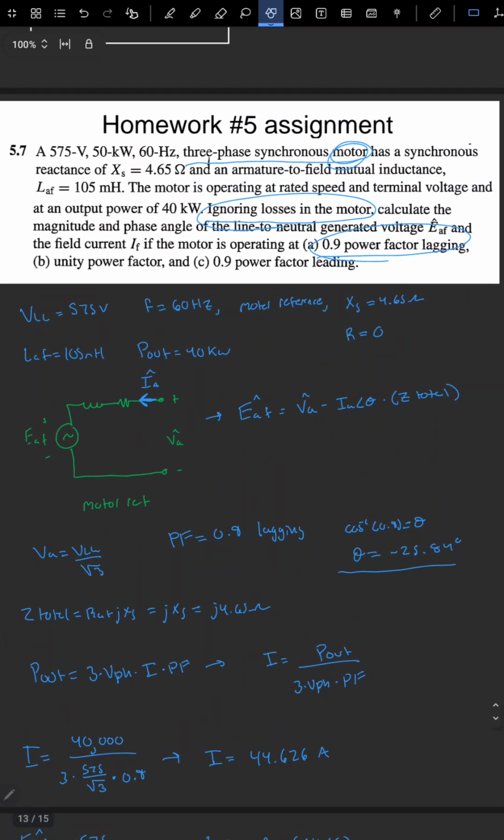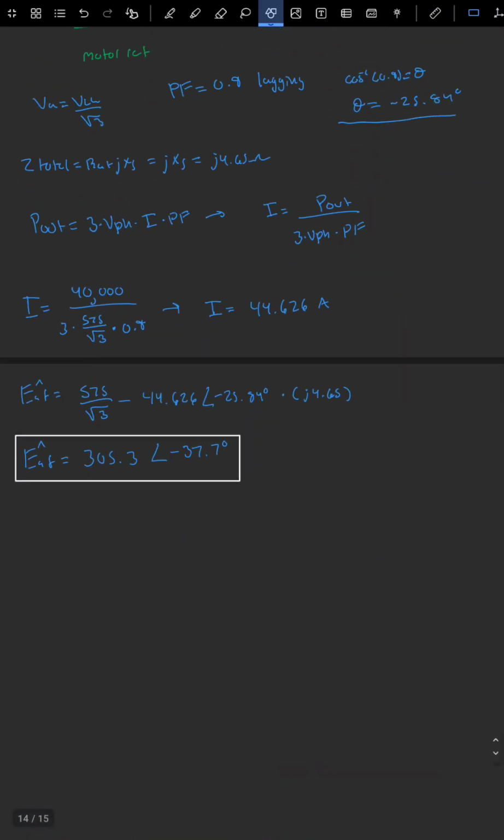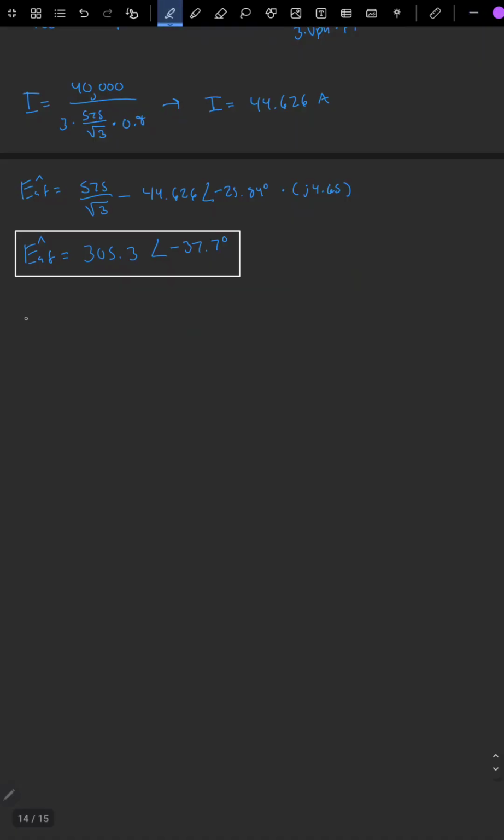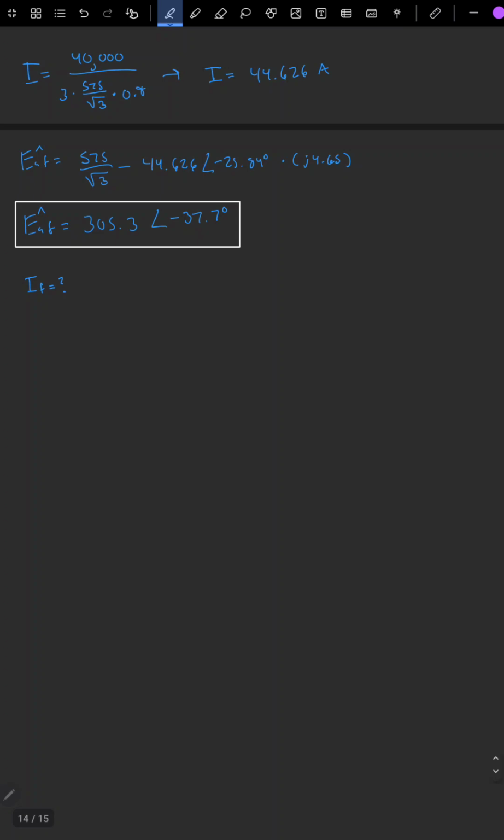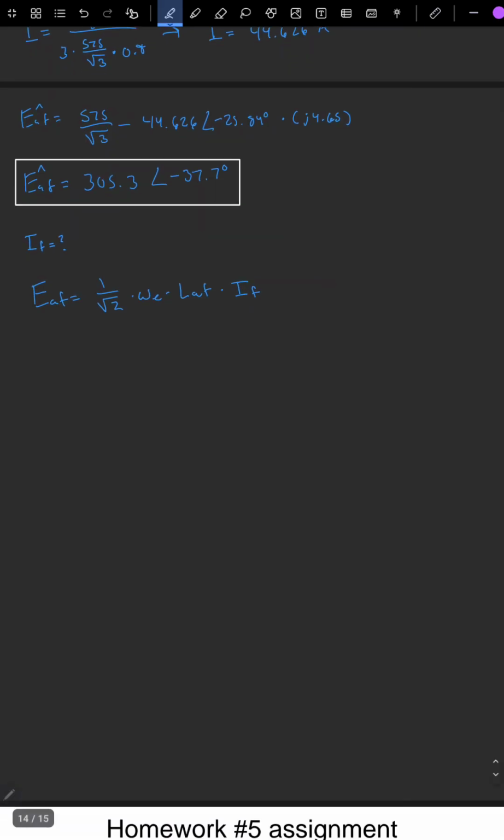The second part of the problem is asking for IF. Going back to the same equation from earlier of the open circuit, we know that EAF equals 1 over the square root of 2 times omega E times LAF times IF. So we have EAF, we have omega E, and we have LAF.